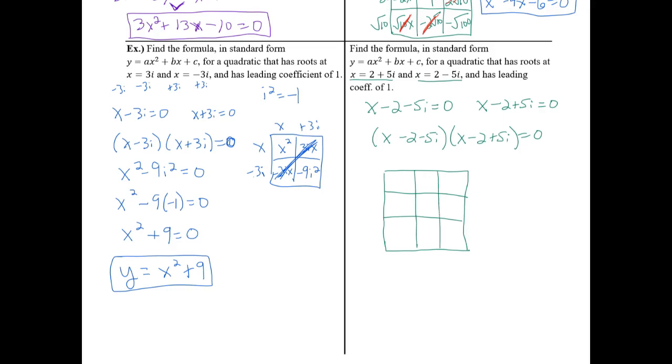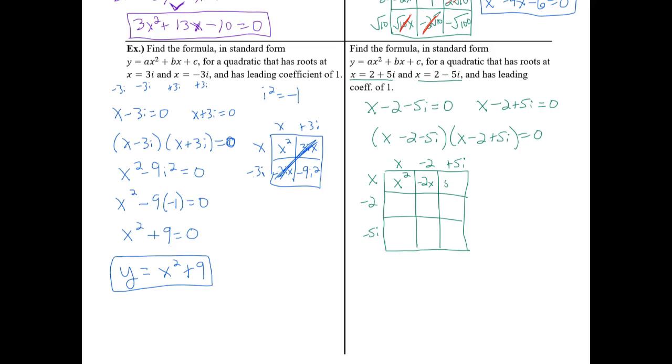And each term is separated by a plus or minus. So x minus 2 minus 5i, and then x minus 2 plus 5i. First row, x times x is x squared. Negative 2 times x is negative 2x.